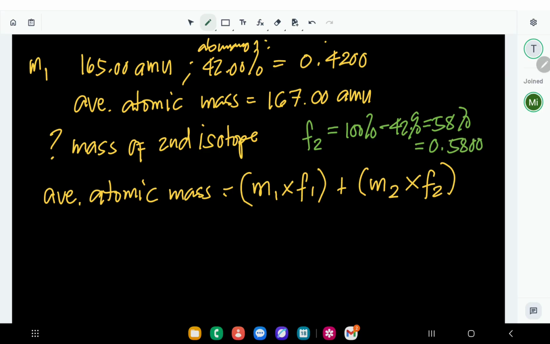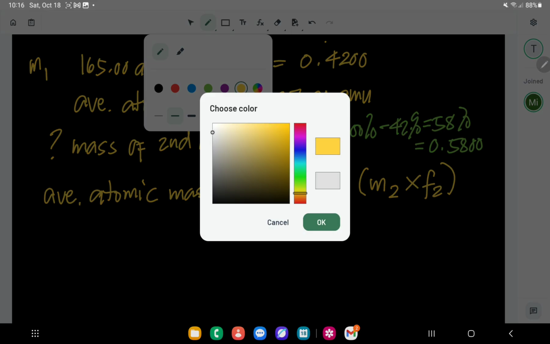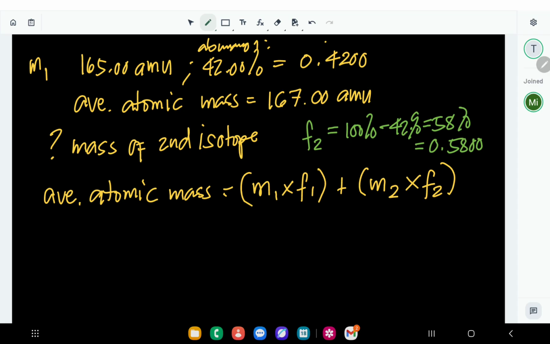All right, so we plug in everything. We're interested to find the mass of the second isotope, M2. We're already given the average atomic mass, which is 167 atomic mass unit.